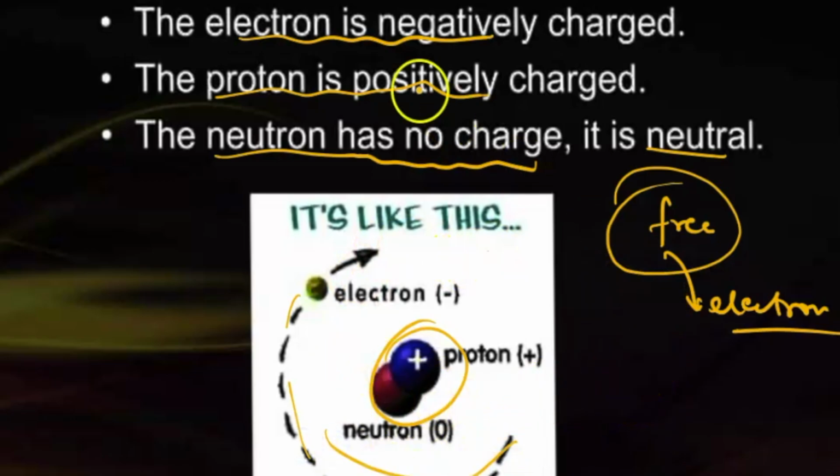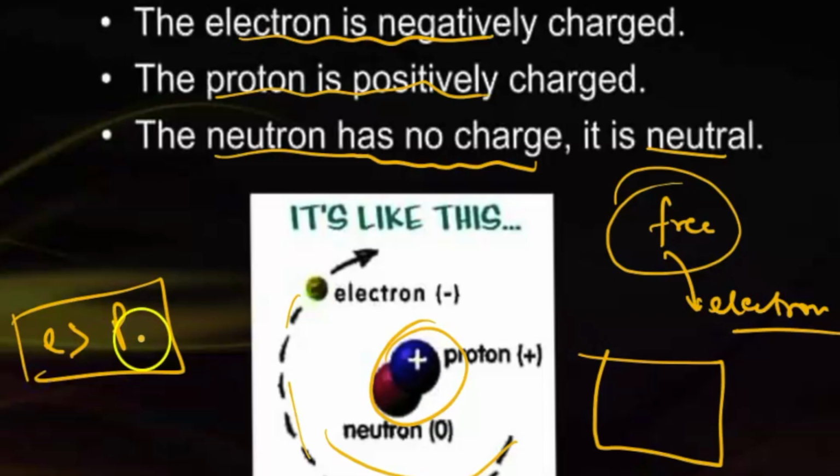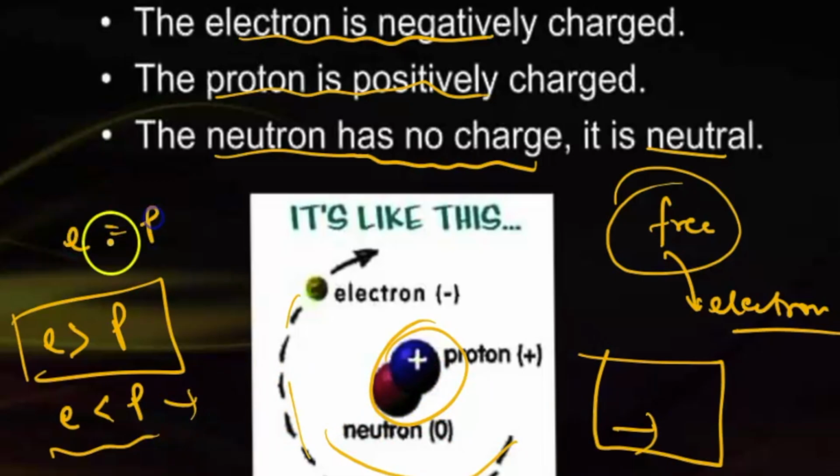When the number of electrons in a matter is higher than the number of protons, the matter is negatively charged, or we can say there is an excess of electrons. In some cases electrons are fewer than protons, meaning there is a deficiency of electrons, so the matter is positively charged. When the number of electrons is the same as the number of protons, that is the neutral condition.